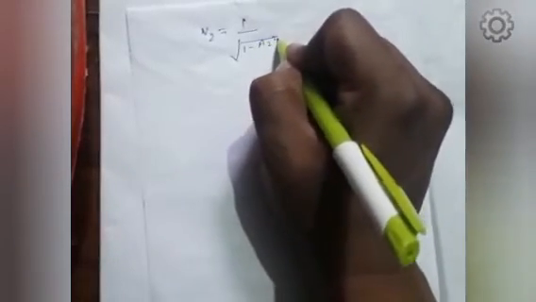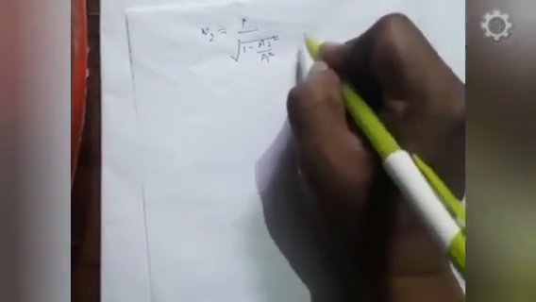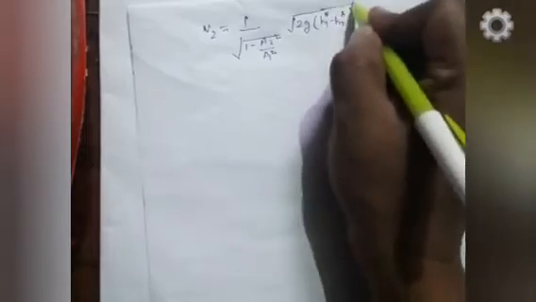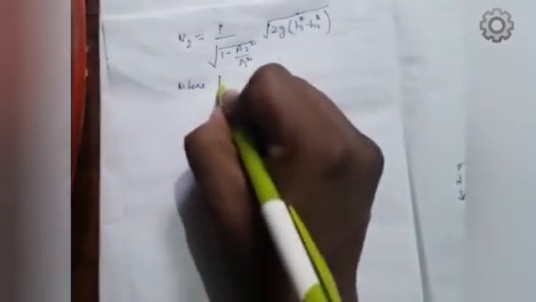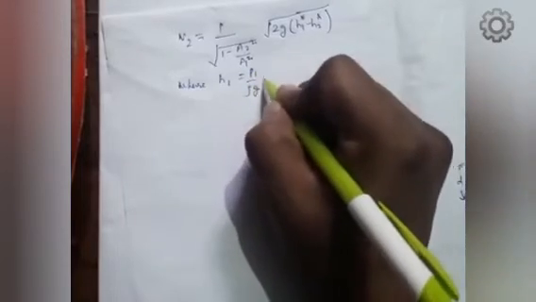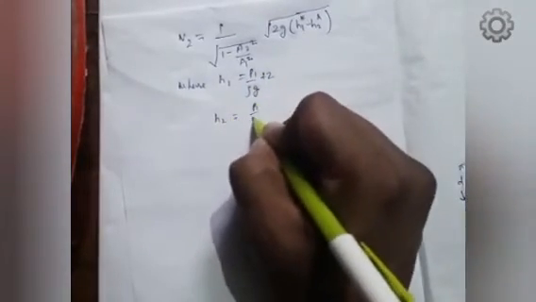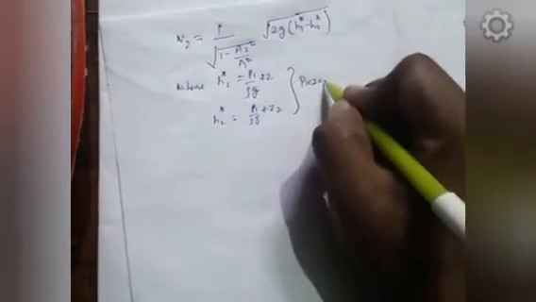So this is the equation, and further from this equation we can find out V2, and V2 is equal to 1 by root under 1 minus A2 square by A1 square, times root 2g (H1 star minus H2 star), where H1 star equals P1 by rho g plus Z1 and H2 star equals P2 by rho g plus Z2, and this is called piezometric head.